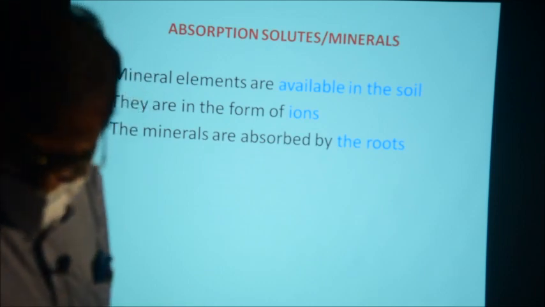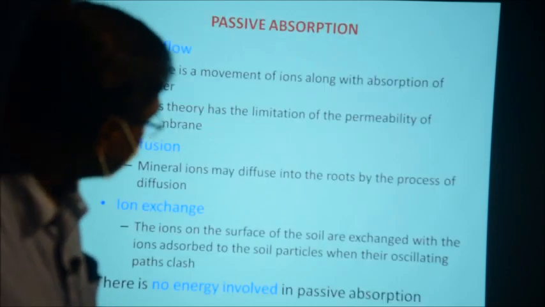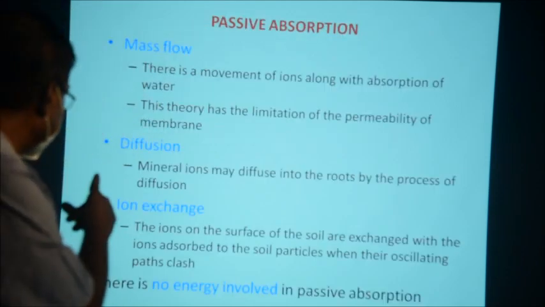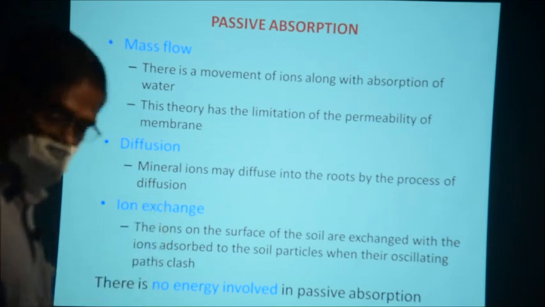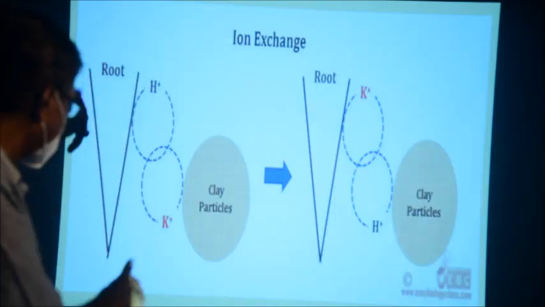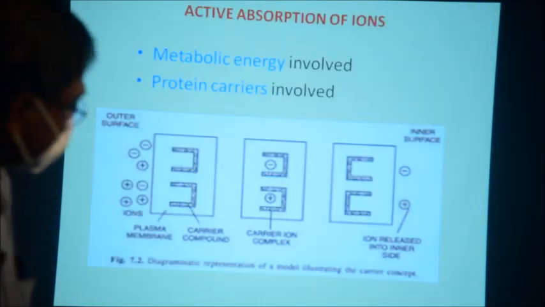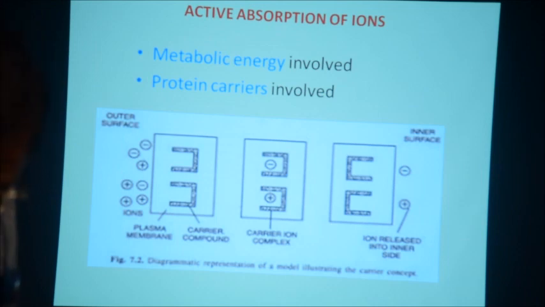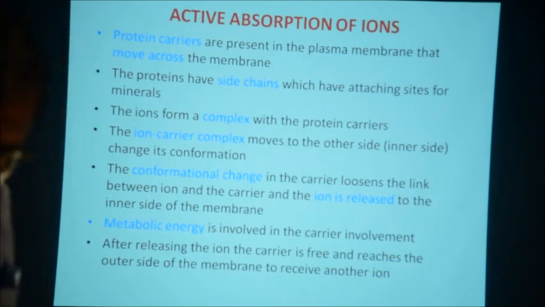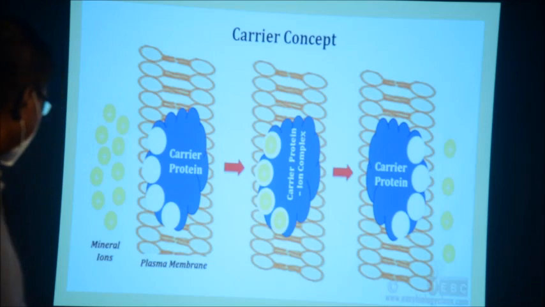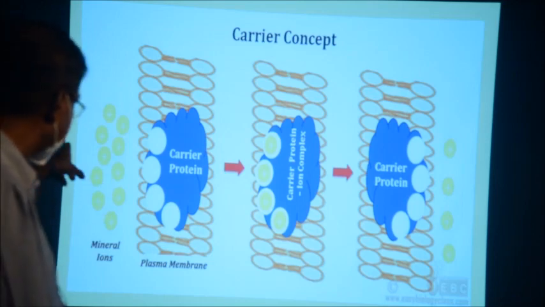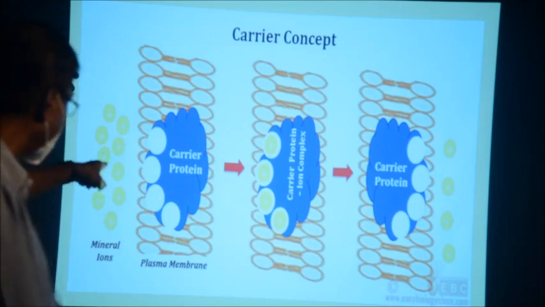Absorption of solutes from the soil takes place by mass flow, diffusion, ion exchange, which are not important. The carrier is the most important thing. The carriers are present in the plasma membrane. The carriers have special areas to receive positive and negative ions.